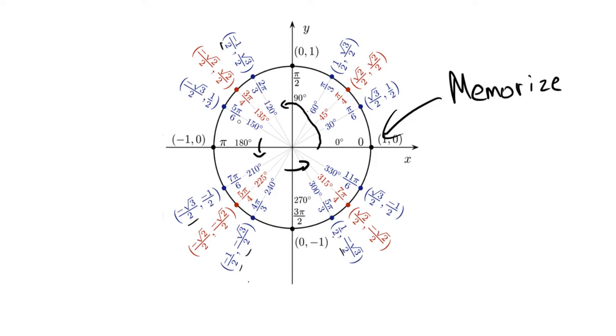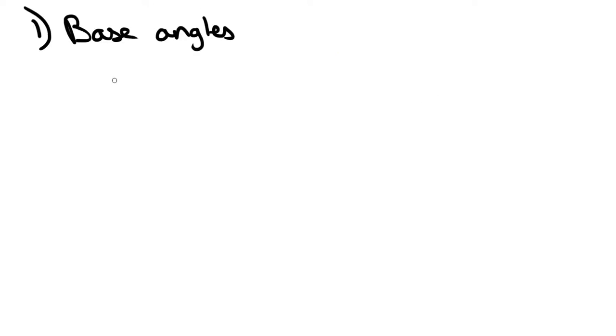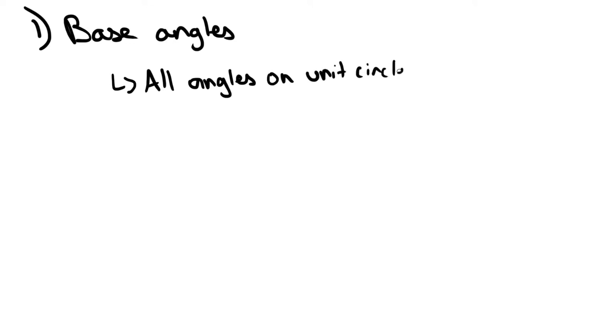So first up, the thing you need to consider are base angles. What I mean by this is, if you look over here, you see a lot of angles here, right? But all angles on the unit circle are derived from the base angles.